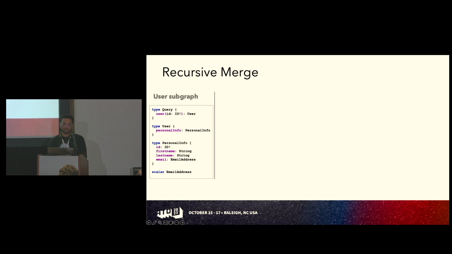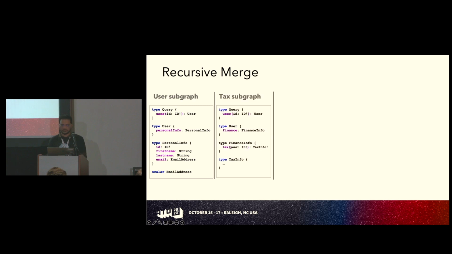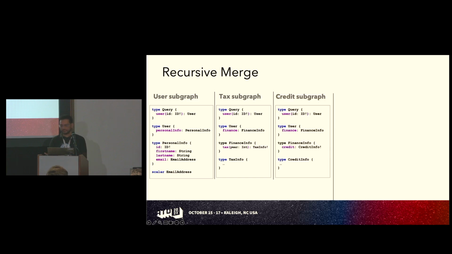Consider a user subgraph which is giving details about the user's personal info. The second subgraph is the tax subgraph, which is giving the details about the user's tax info. And the third one is the credit subgraph, like we are seeing in other examples, right?